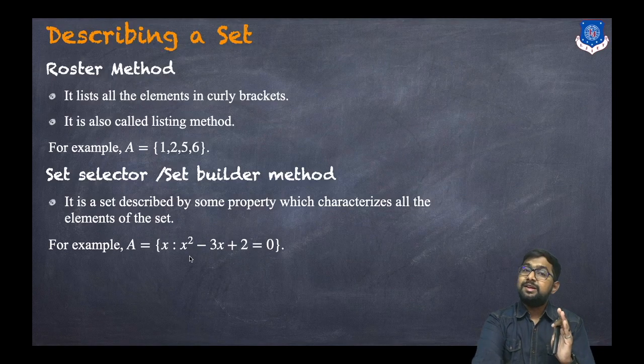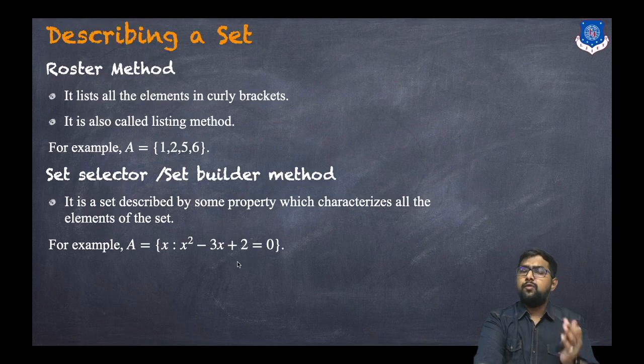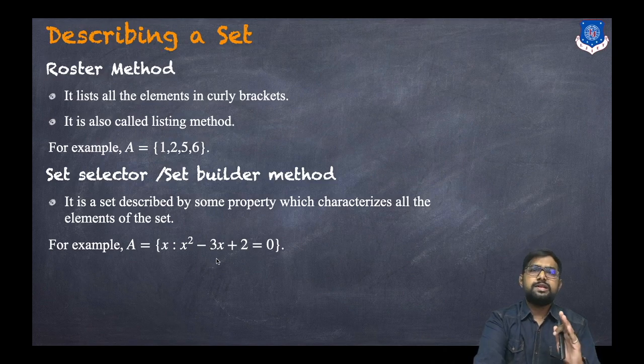It means the set of all x such that x satisfies this quadratic equation, x² - 3x + 2 = 0. The roots of this quadratic equation are 1 and 2. So the answer in roster form is {1, 2}. This is the set builder or set selector method, and it contains some property.